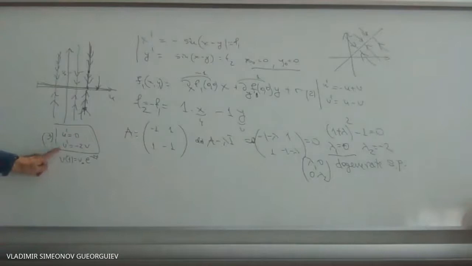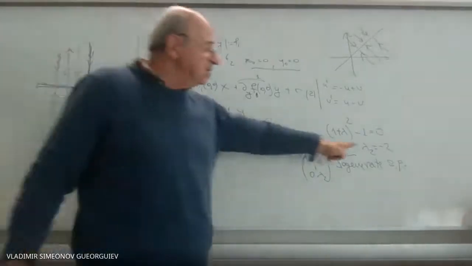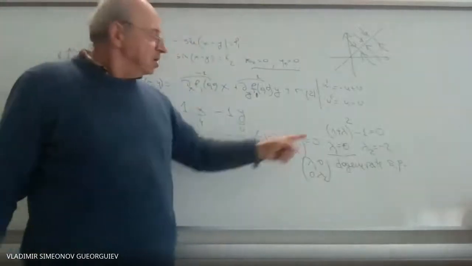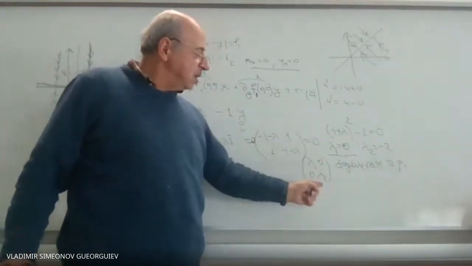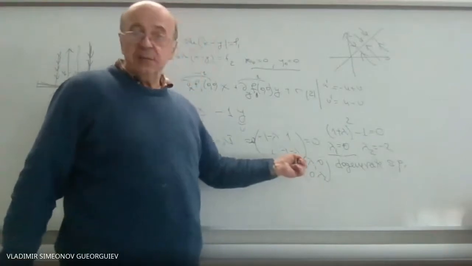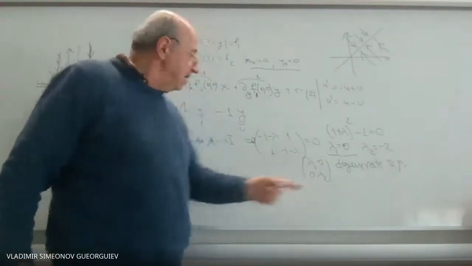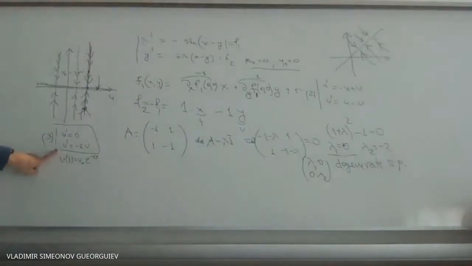For me, it is sufficient to study the diagonal system after finding the eigenvalues. You find your eigenvalues, you build a diagonal system with lambda 1, lambda 2. In this case, lambda 1 is degenerate. And then for this system, you construct UV with this diagonal matrix.